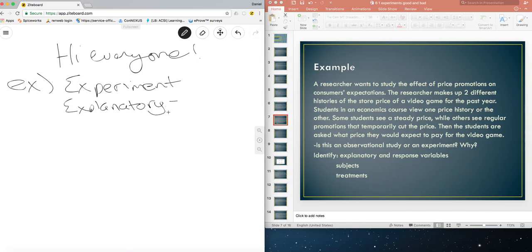The explanatory variable, remember, is what we're changing. This is what is told about the price history.